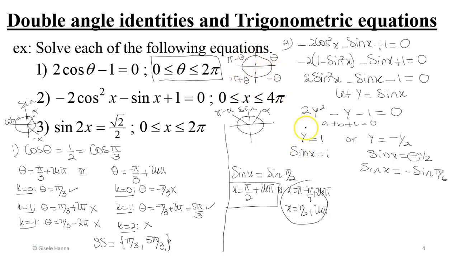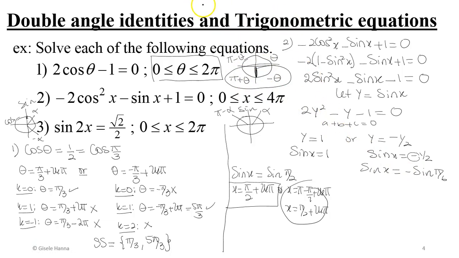We'd have to locate the angles based on the sign of the trigonometric ratios we have here. So here we have sine and negative. Sine is the vertical axis, it's negative here. So what does this mean? Looking at this quadrant, it means that sine of negative theta is equal to negative sine theta, or sine of pi plus theta is negative sine theta.